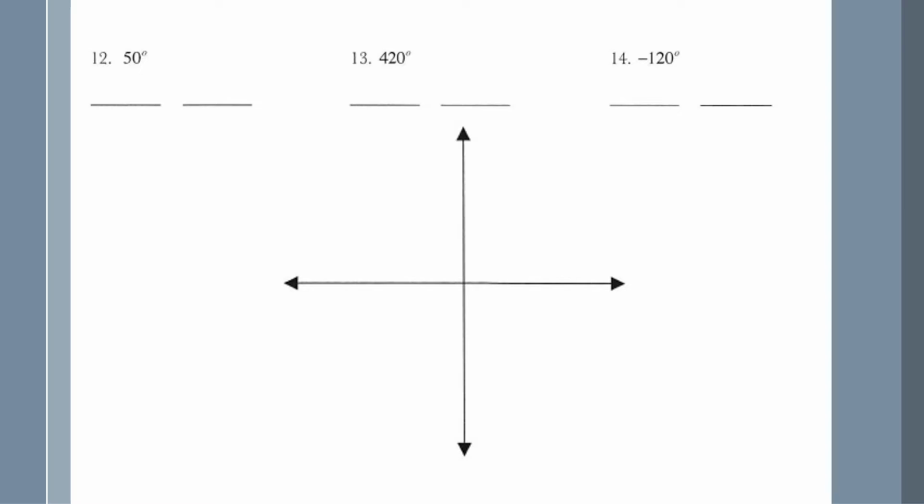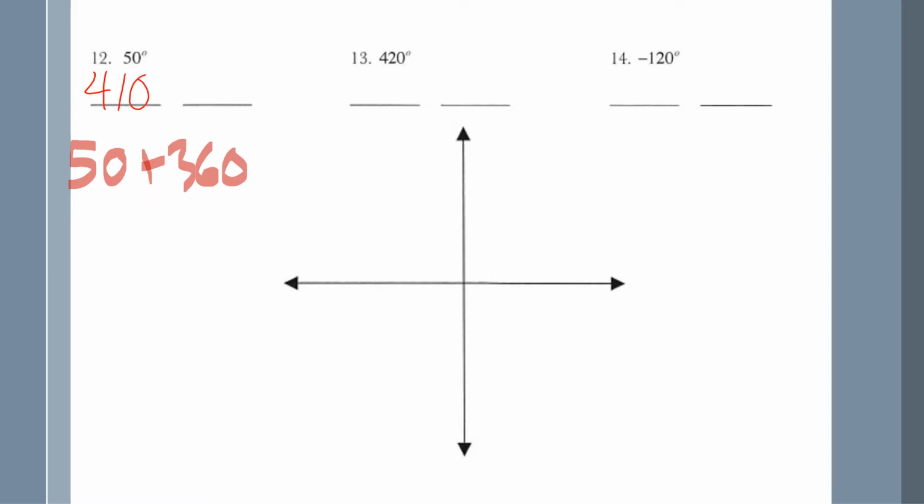So when I'm saying positive coterminal angle, I'm asking you to add 50 to 360. What's 50 plus 360? 410.